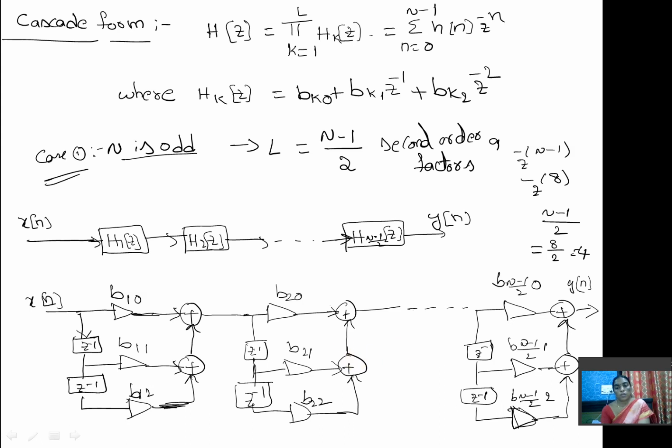Okay, now coming to another case, that is the n is even case.